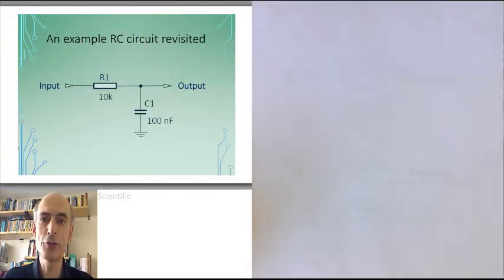We can consider this simple circuit as an example. Single resistor, single capacitor. It has the form of a potential divider, so we can use phasor analysis and write the output phasor representation in terms of the input phasor representation, just using the standard potential divider equation.